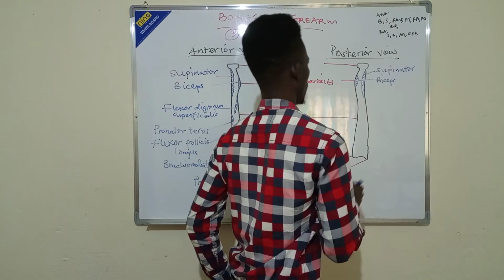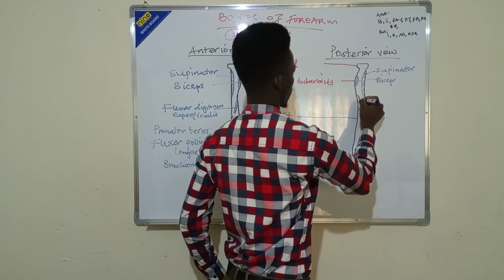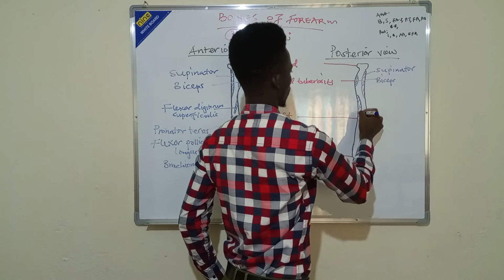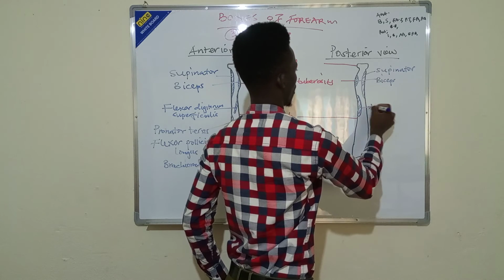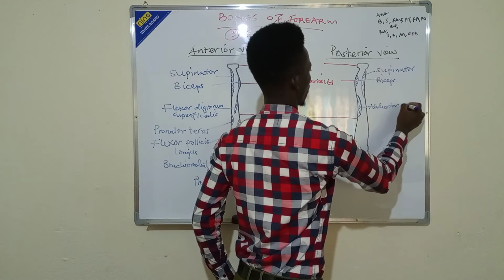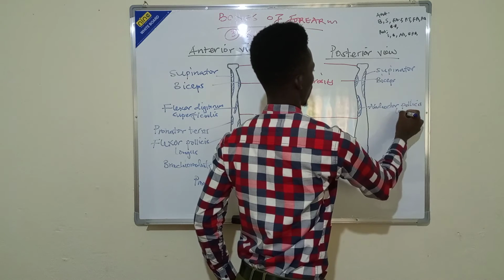Then below the supinator I have another muscle here. This muscle is known as the abductor pollicis longus.